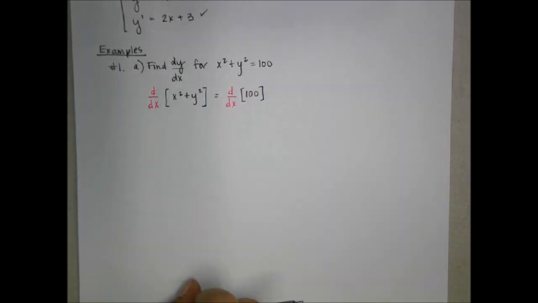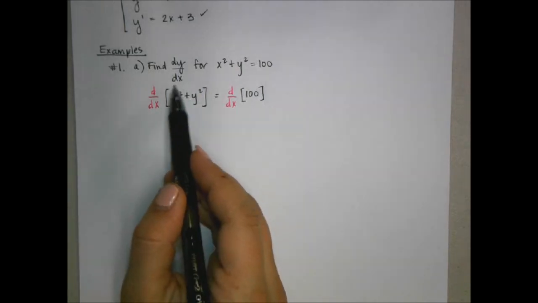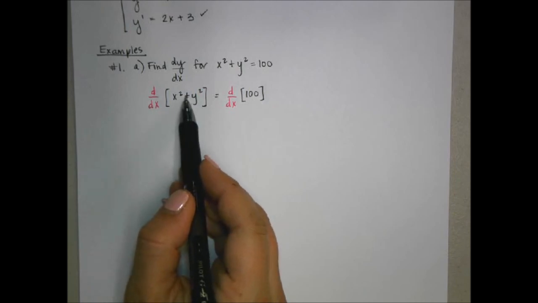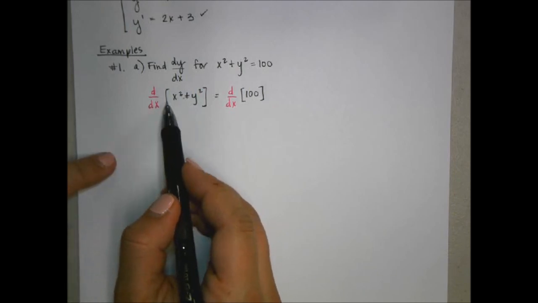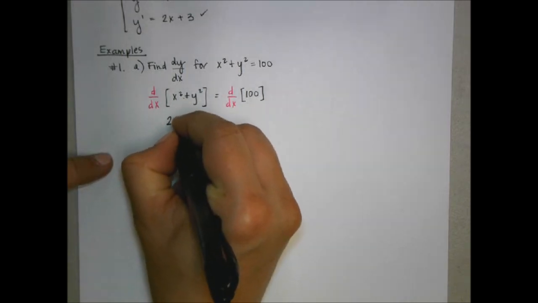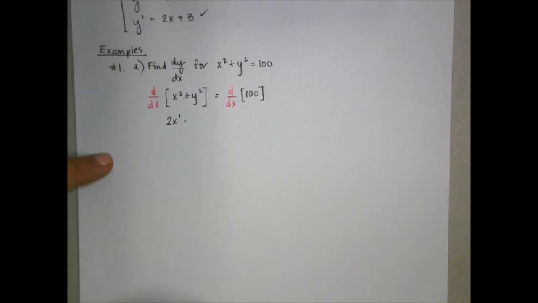Okay. So using what we know about the chain rule in the first term here, we do the derivative of x squared with respect to x. So I do my power rule first, bring down the 2, and drop the power of x by 1. So we get 2x to the first times the derivative of what's inside.